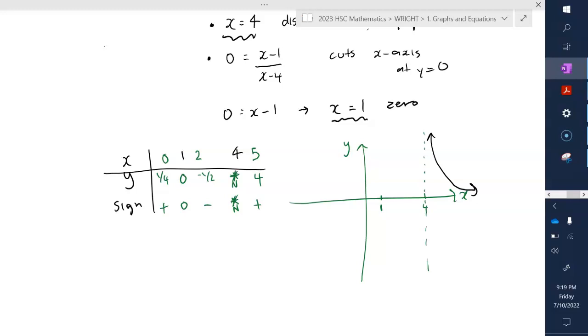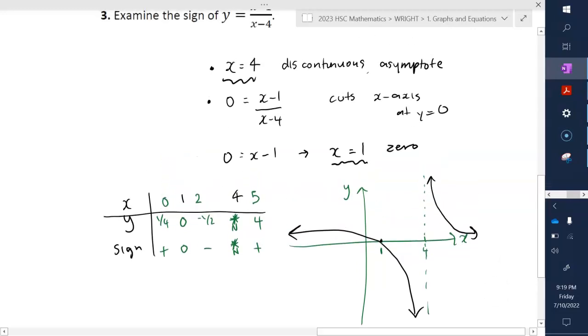Okay, so it looks like my guess was right. 1 is a 0, so it's going to cut there. It's either going to go that way or that way, which we know it's negative down here, so it's going to go through there. And we know to the left-hand side of that 1, it's positive. So the left-hand side it's positive, the right-hand side it's negative. So it's going to look something like that.